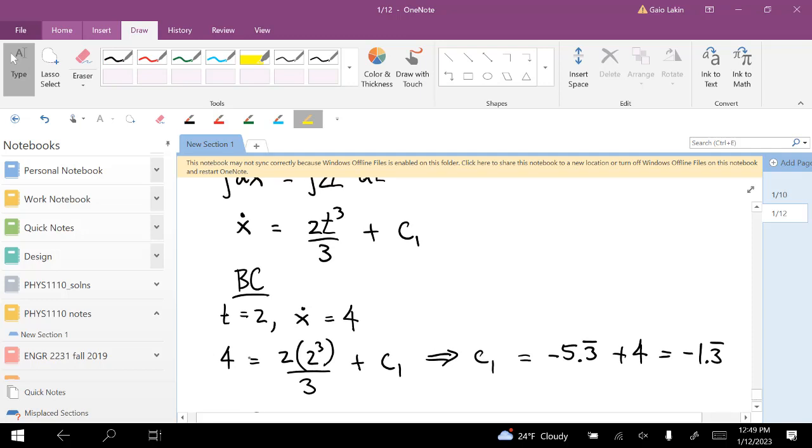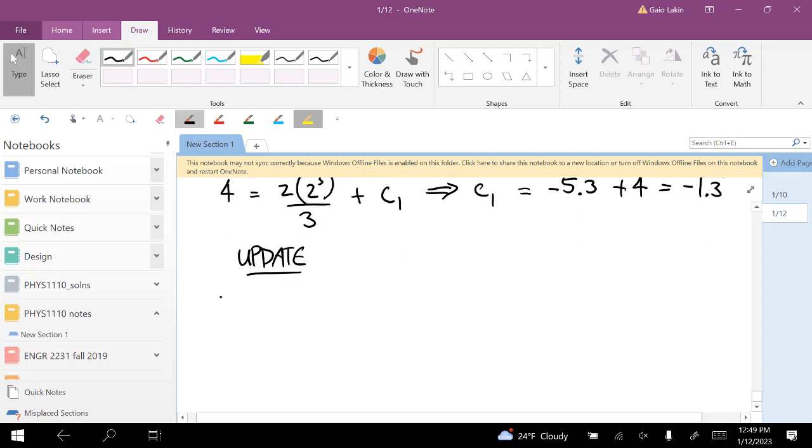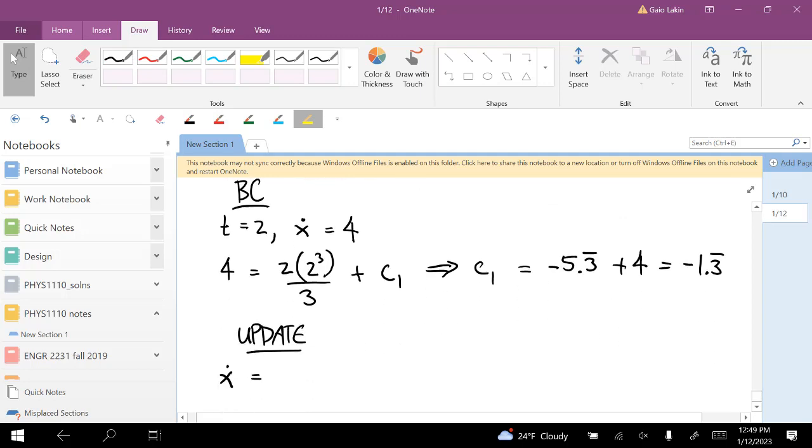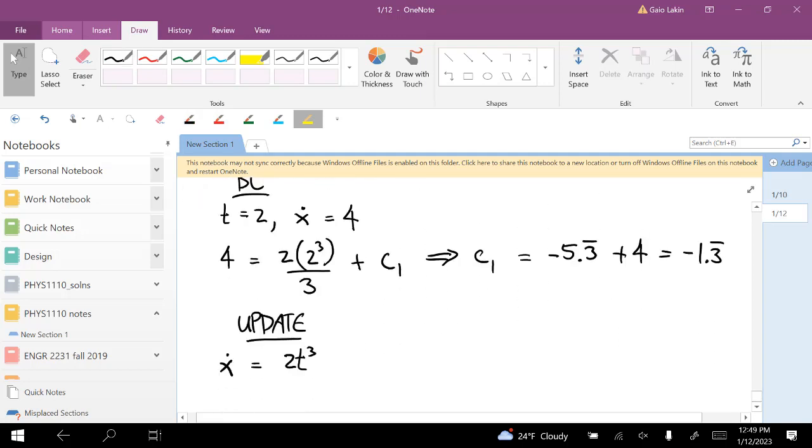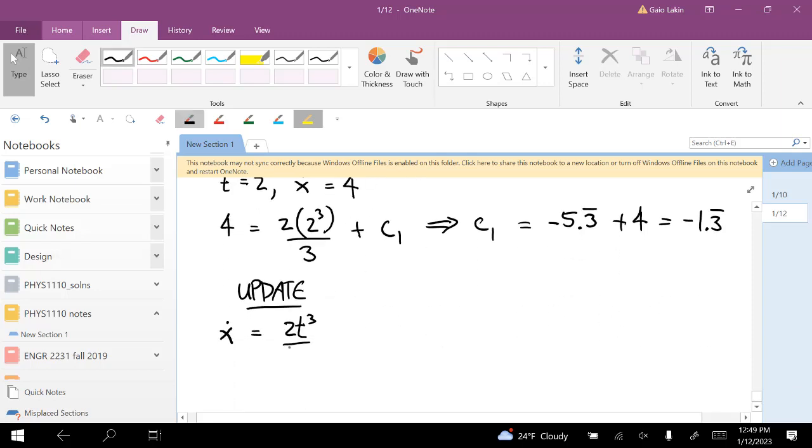This is what we knew x dot was before. Now we know a little more because we know C1. So x dot is equal to 2t cubed over 3 minus 1.3 repeating.